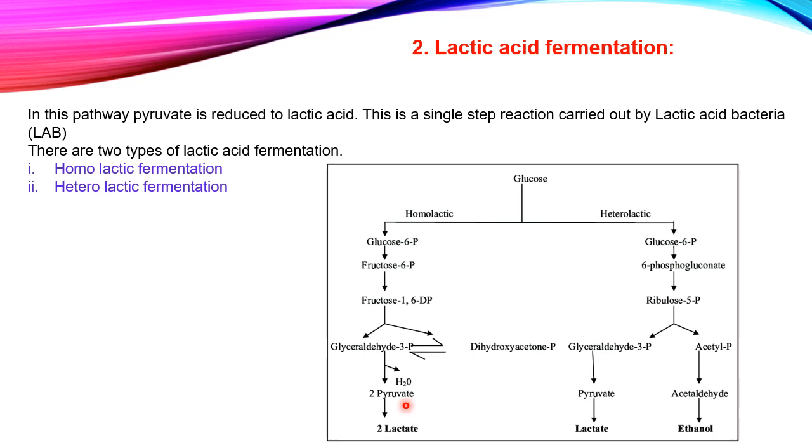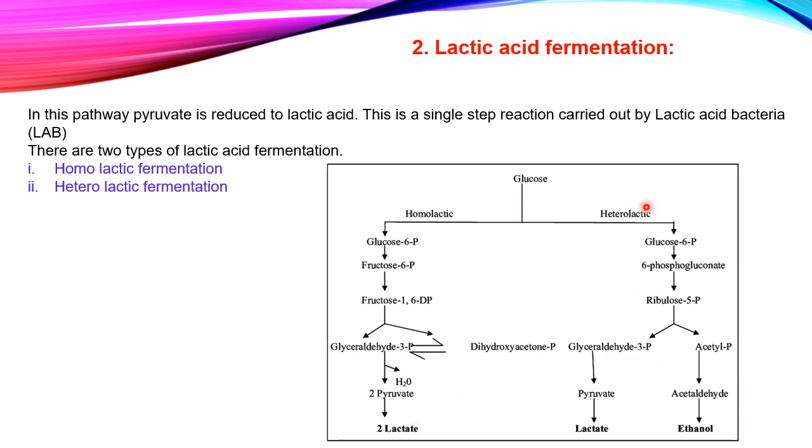So by accepting hydrogen from NADH, pyruvate is converted into lactate, and the NAD+ is again utilized in the glycolysis process. This is the homolactic pathway, where only a single end product, lactate, is formed.